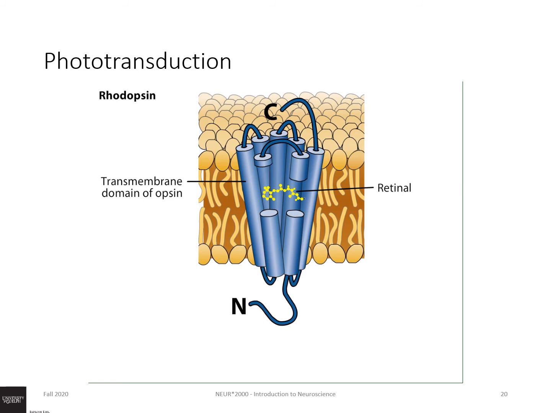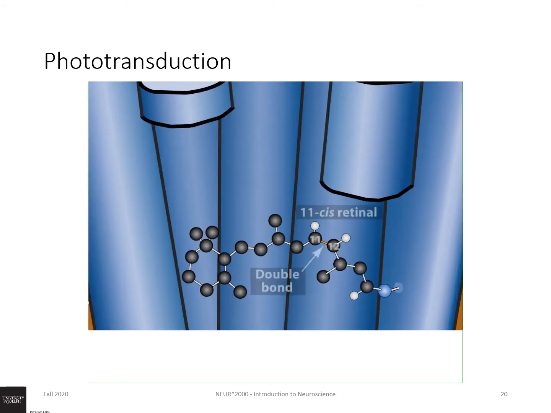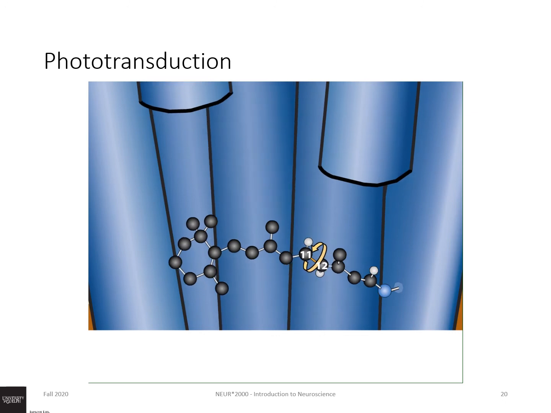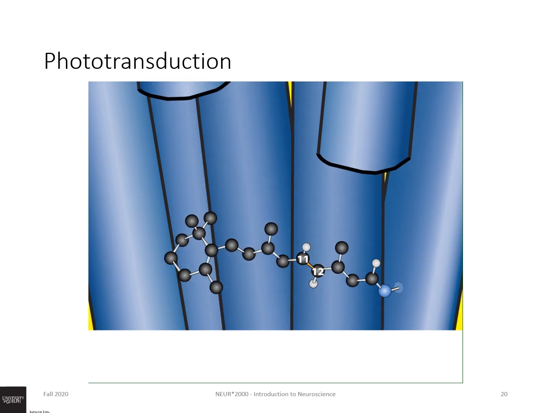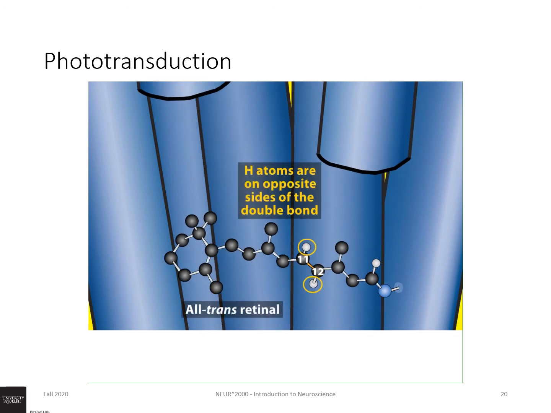Here, retinal is in a conformation called 11-cis, with cis referring to 2 hydrogen atoms being on the same side of an important double bond. When retinal absorbs a photon of light, a component of this double bond breaks, allowing free rotation about the bond. This change in retinal to an all-trans form triggers a series of alterations in the opsin component of the molecule.